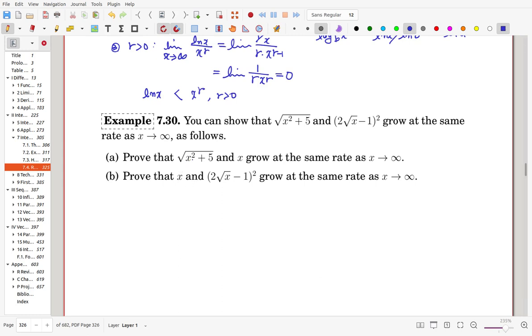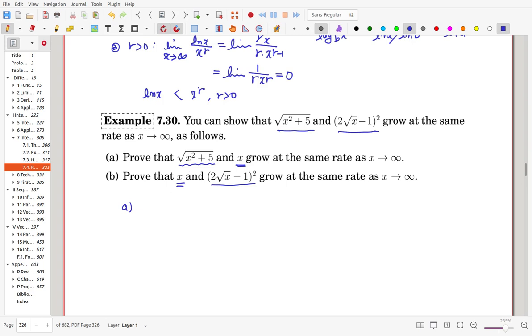For example, for these two functions, we first compare the first function and x, and again x and the second function. If they grow at the same rate, then we can conclude that these two grow at the same rate. Let's try to prove part A.